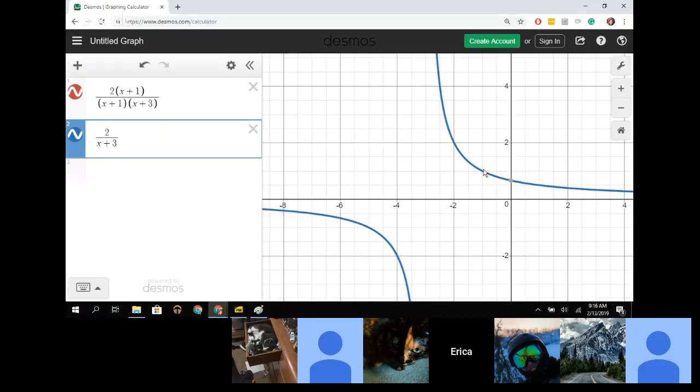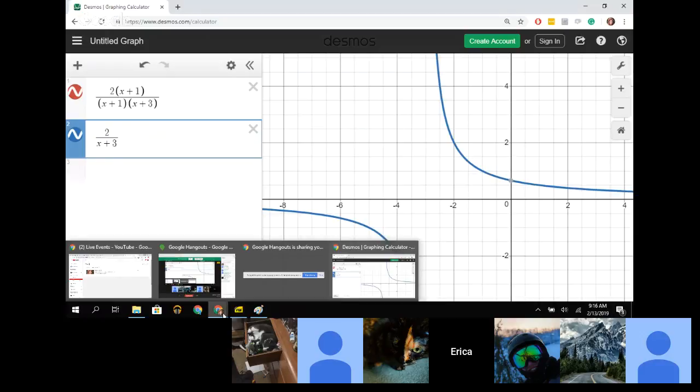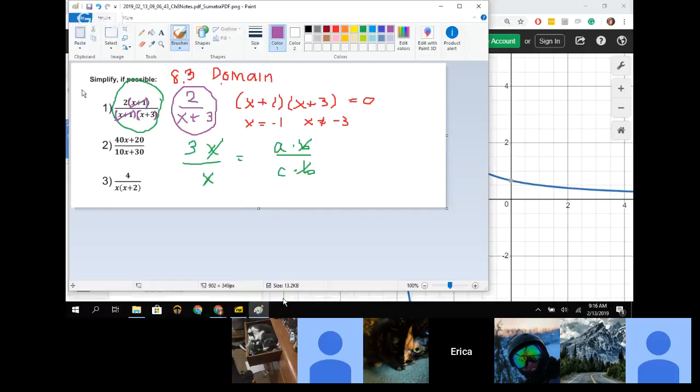So what happens with rational functions is that if you cancel something out, like in this case, we canceled out an x plus 1, that does not become an asymptote, that becomes something else. We call this a hole in our equation. So that x plus 1 is no longer an asymptote, it's a hole. So when we graph it, we would have to put a hole where that would be.